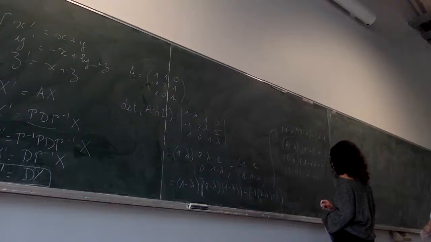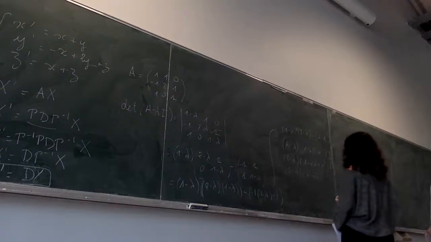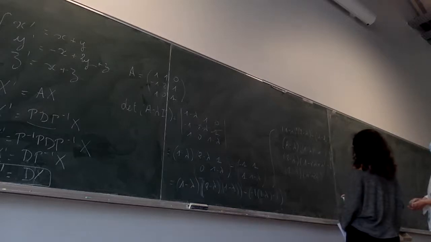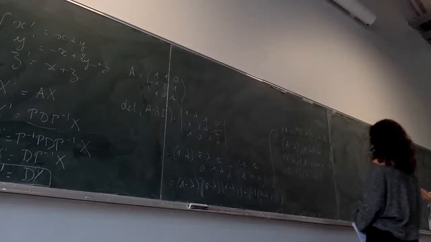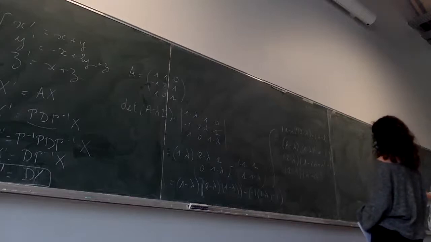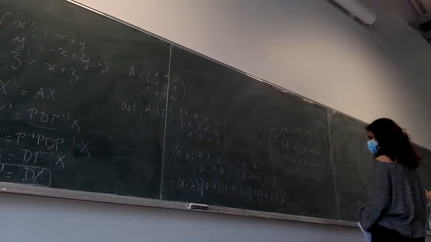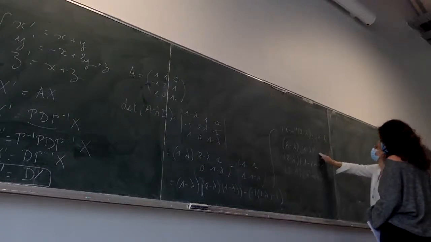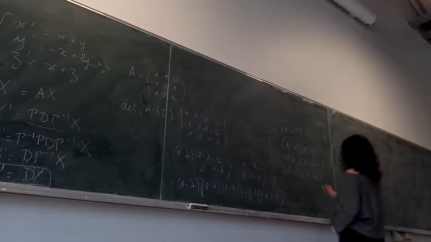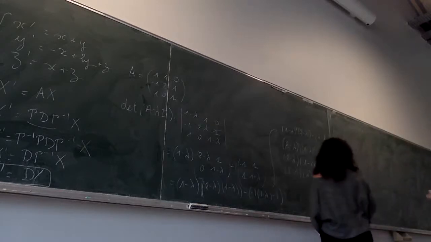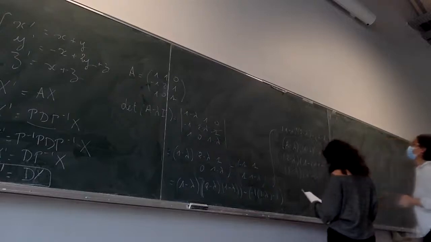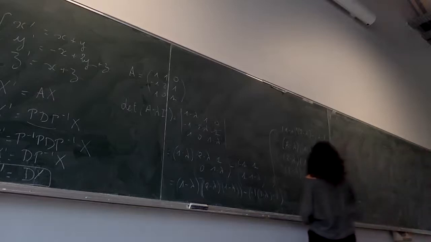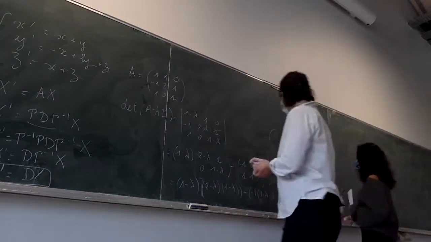What's wrong? It's a plus 1 here, because you need 2 minus lambda and this is equal to minus 1. Oh yeah, it's a plus 1. So you were right. So this is it.